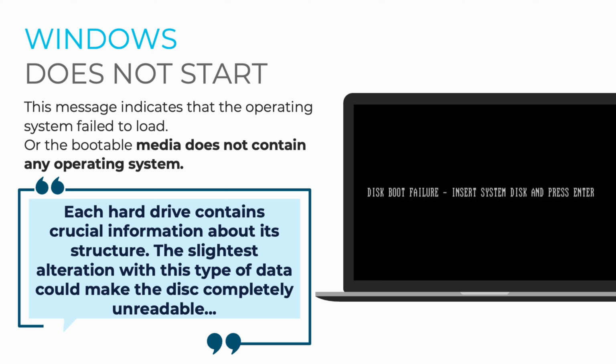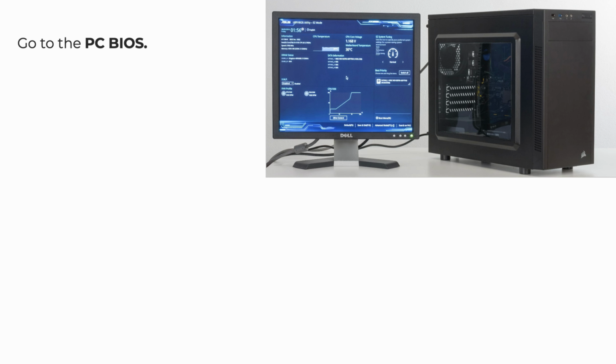When you have this type of message, you should start by checking that the PC is of course starting the right media on which the operating system is stored. And for that, you have to go directly to the BIOS of the PC. Depending on the motherboard manufacturer, the menus may change a bit.